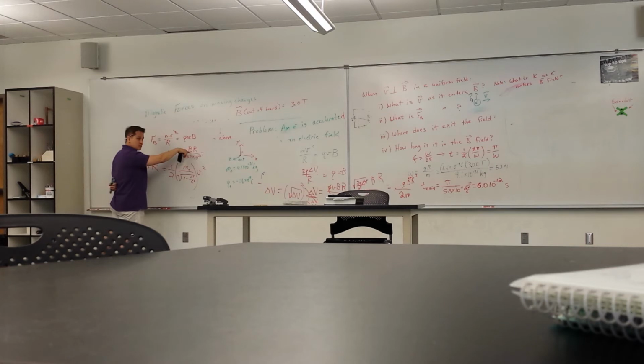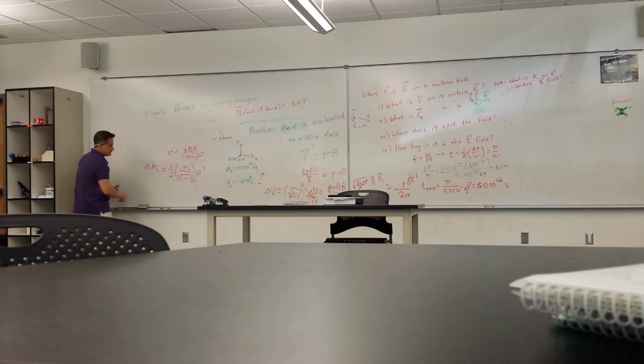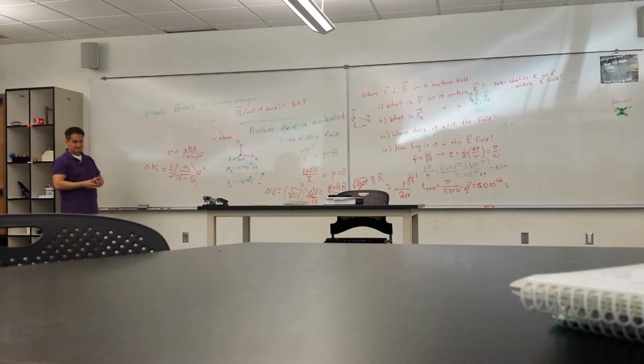So this whole model was how a mass spectrometer works. Physically, they have something go into a little hole and then they measure where it comes back out of the magnetic field.